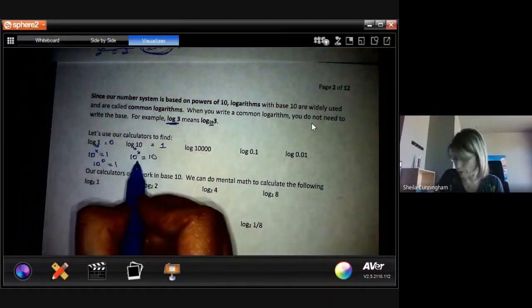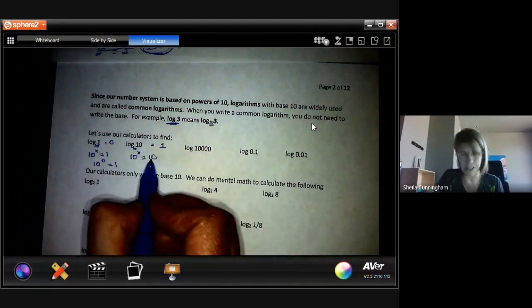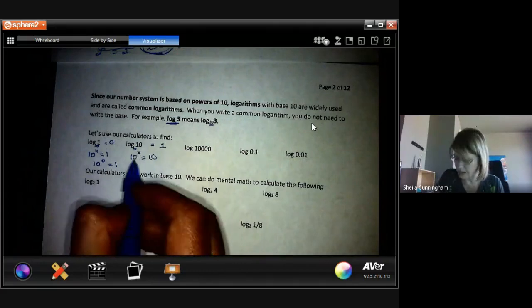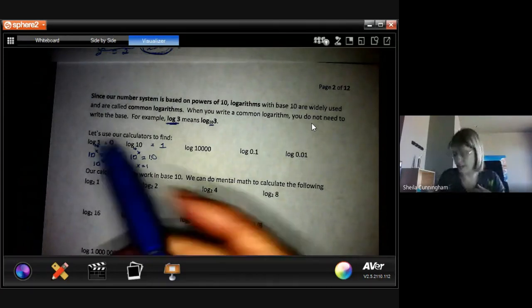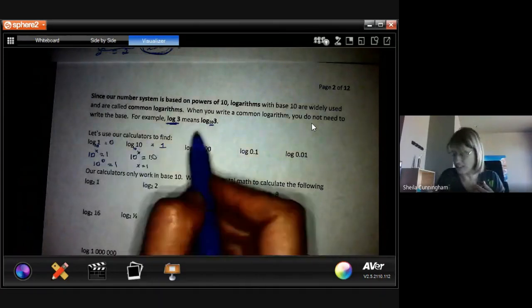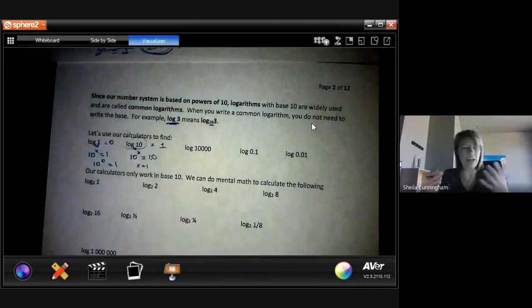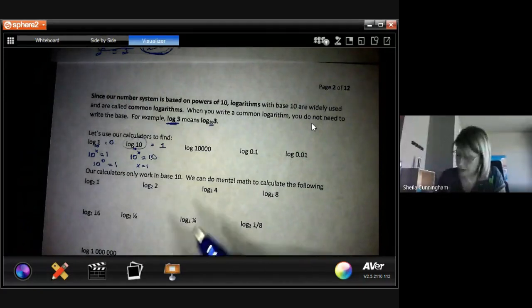Well, the only way I can get a resulting 10 with the same base is if x equaled 1, right? That's where you start to walk in two different worlds: the use of your calculator, but also making sense of what this actually means. How could I calculate this mentally in my head? Or what does that process look like if I didn't have a calculator, right?